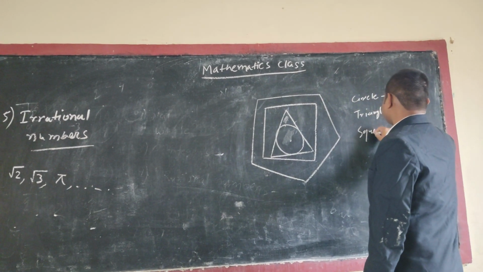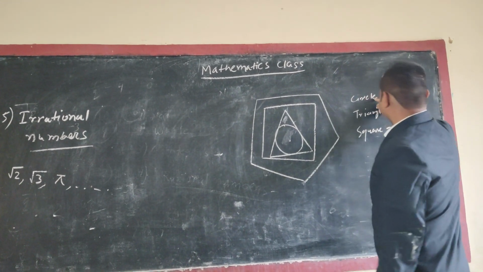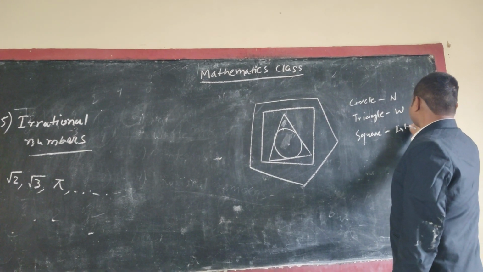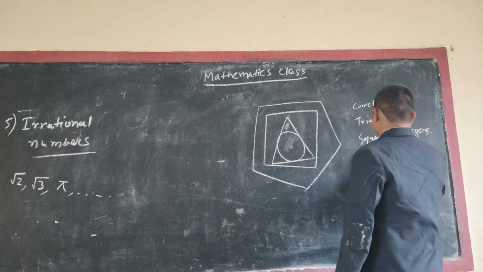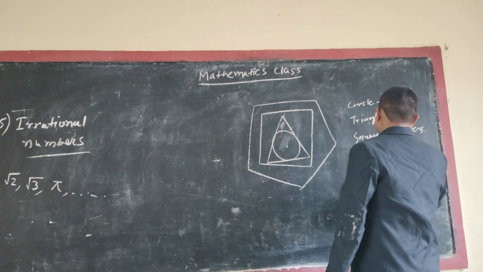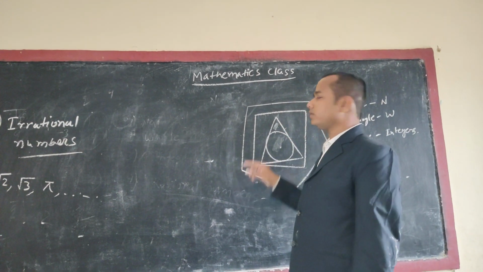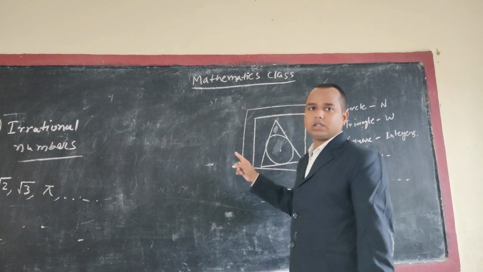The square represents the set of natural numbers, whole numbers and then integers. Pentagon is a shape which has 5 sides: 1, 2, 3, 4, 5.